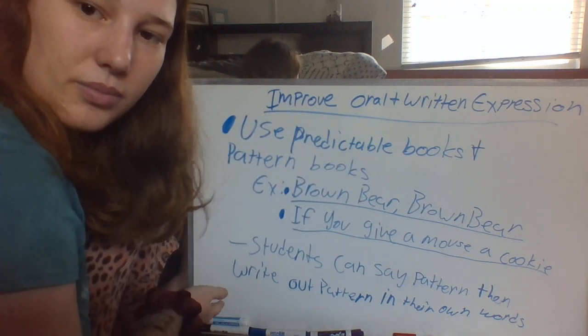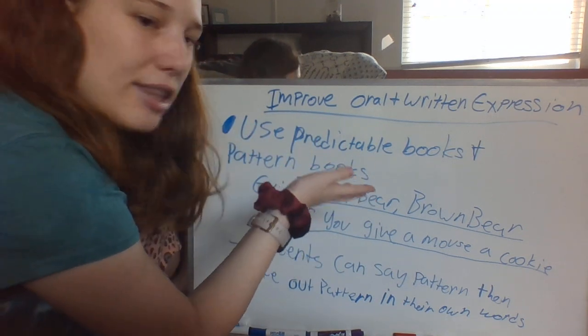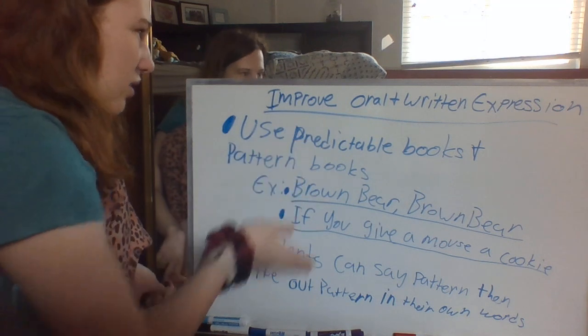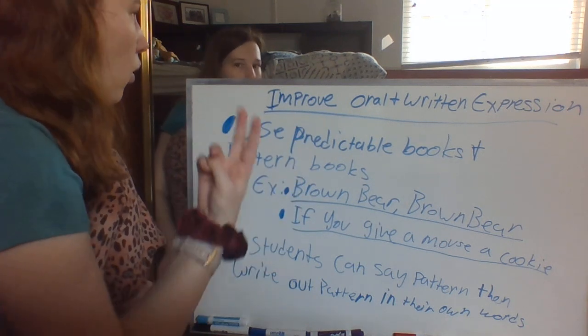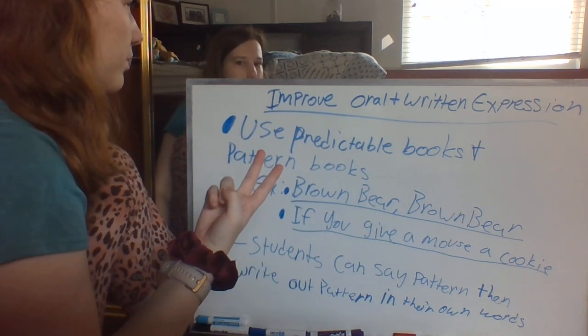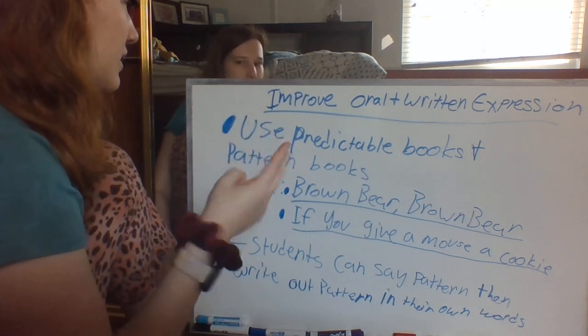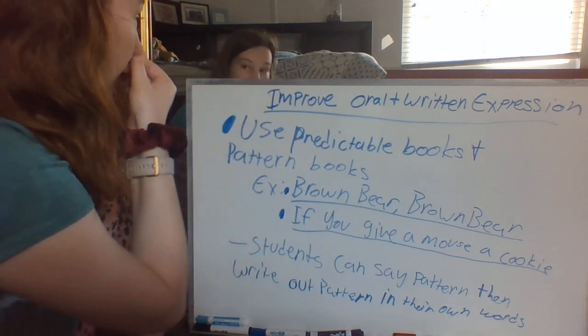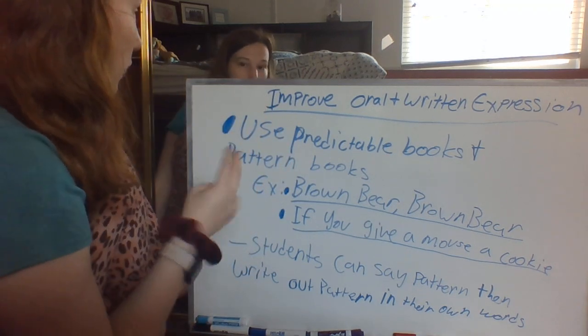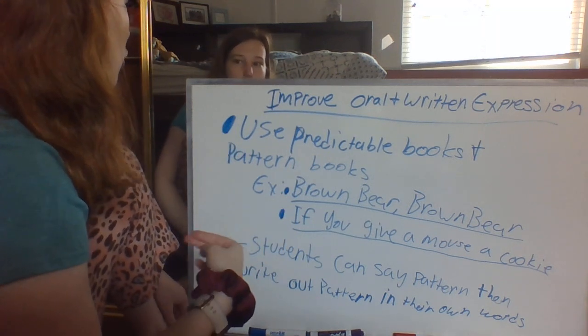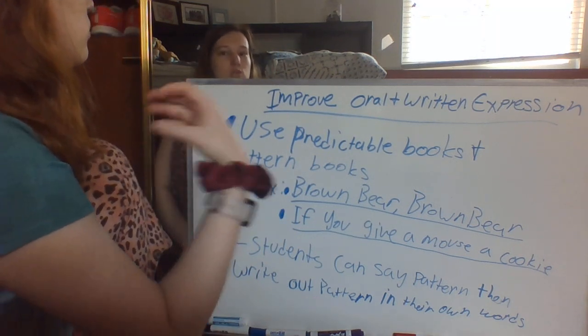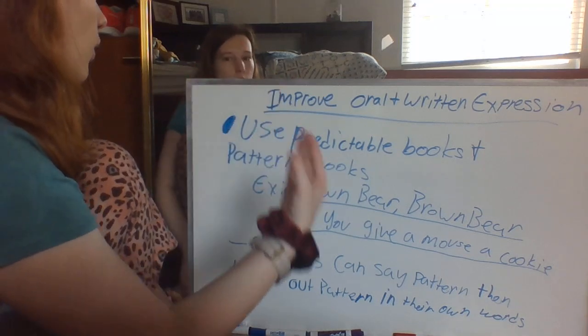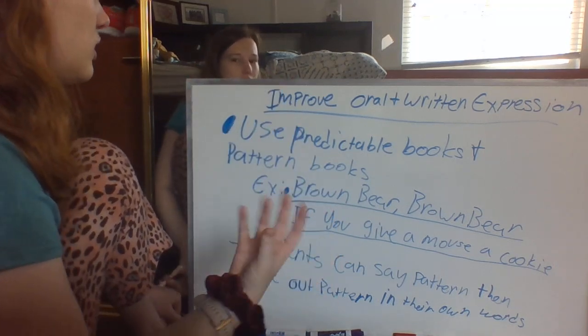But again, what I'm trying to point out is that oral and written expression coincide with each other, and it's a great opportunity to introduce the students to different forms of writing, like writing out rhyming words and stuff like that.